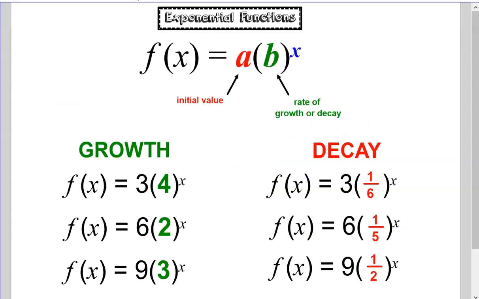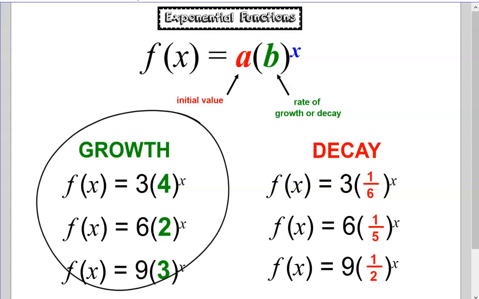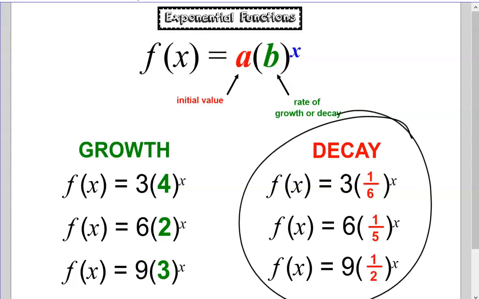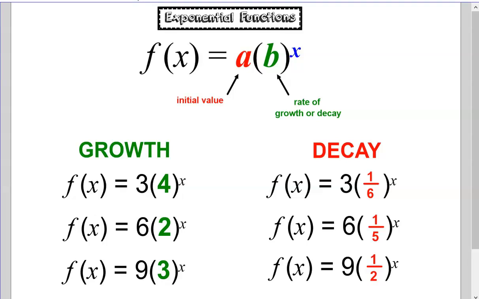So here are some examples of exponential growth on the left and exponential decay on the right. Take a look at these equations and see if you can formulate an idea of what the difference is between how the equations look. What's something that's different between the growth equations and the decay equations?